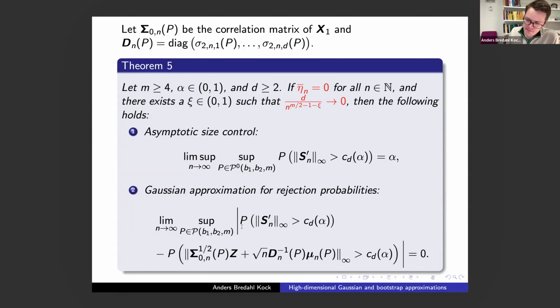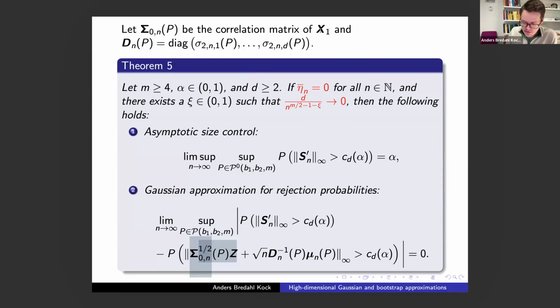In any case, what I say here is that the rejection frequencies, that is the probability of my statistic falling above the sequence of critical values, can be approximated by a limiting Gaussian experiment, namely by the probability of the supremum of a Gaussian vector with the variance covariance matrix being the correlation matrix of the x's.